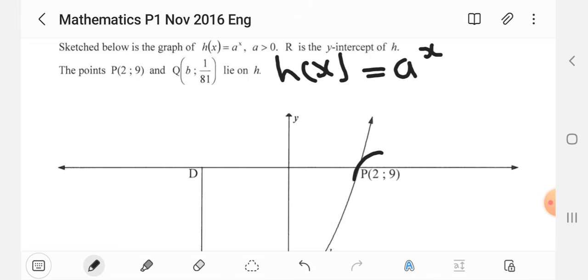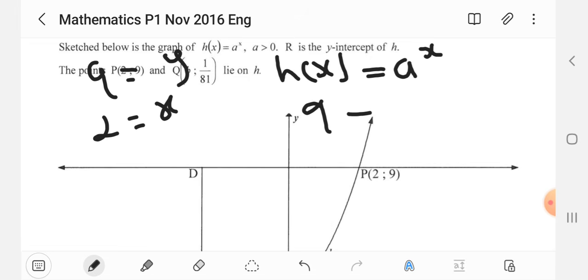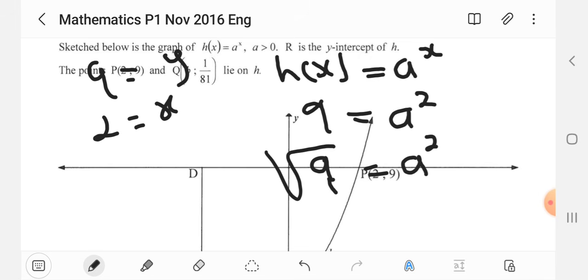We're going to look for any values in the graph to substitute. 9 equals y and 2 equals x. So we'll have 9 equals a squared. We need to solve for a, so we're going to square root to get rid of that, and then 3 equals a. So meaning a equals 3.